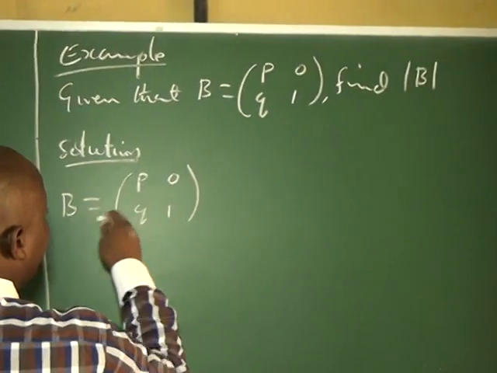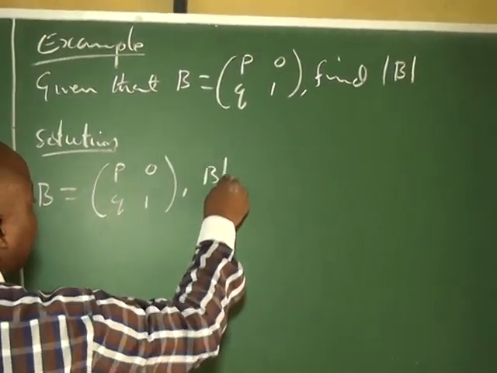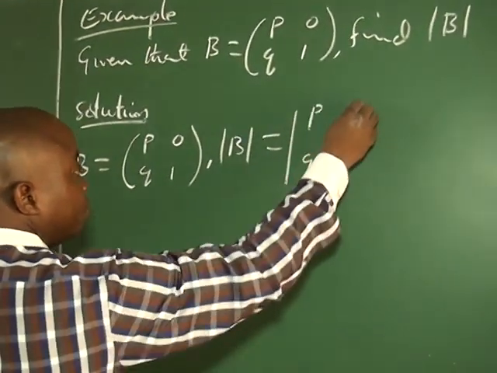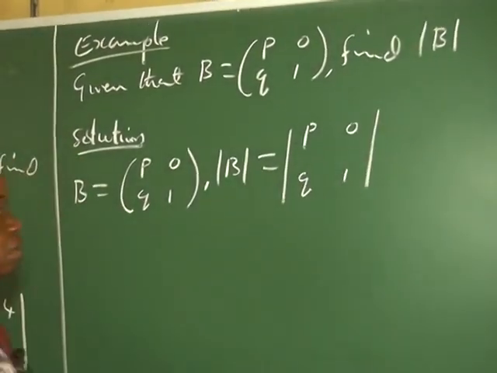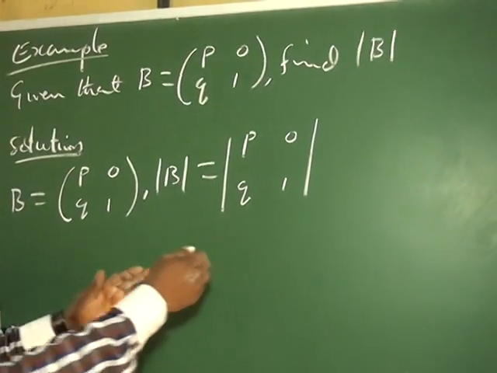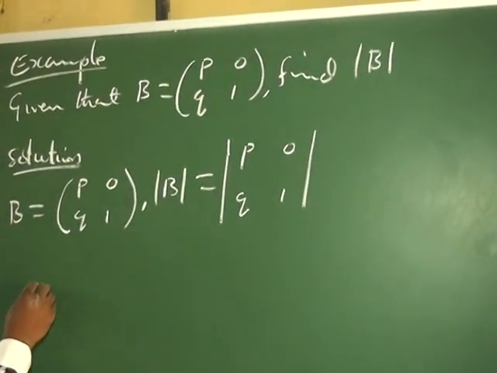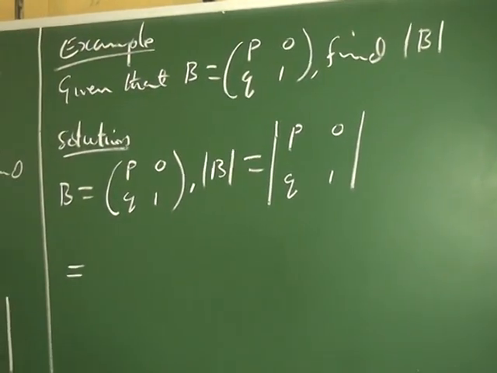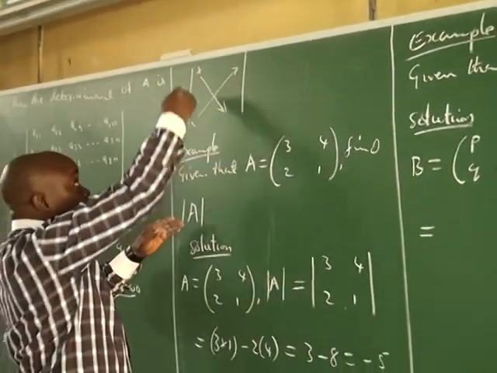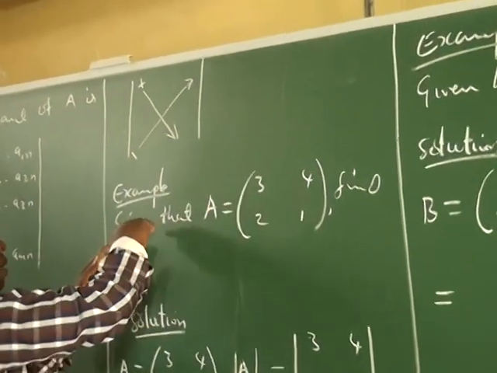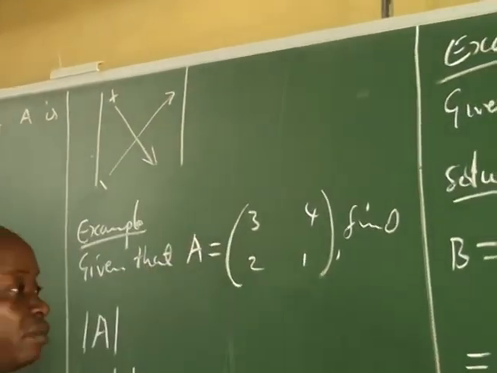So if B is this, then the determinant of B will be P, Q, 0, 1. See that? We use bars to denote the determinants. By our usual method, we multiply the elements here, then take the negative of the other.